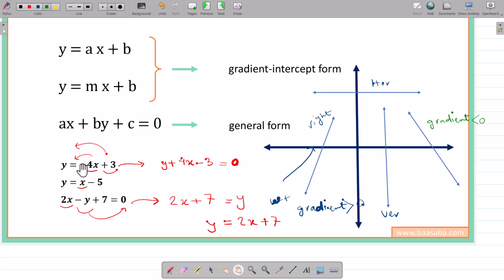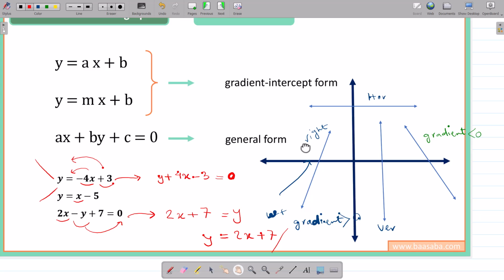In the first one, the coefficient of the x is -4. Okay, so -4, the gradient is less than 0, so it should be going downward. So this line is like this. The other one, the gradient is 1, so it's more than 0, greater than 0. So this one should be like this. And the last one is also 2, positive, so the line should be like this.